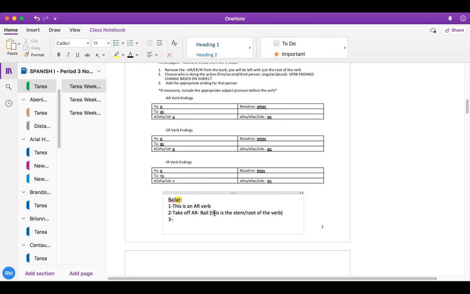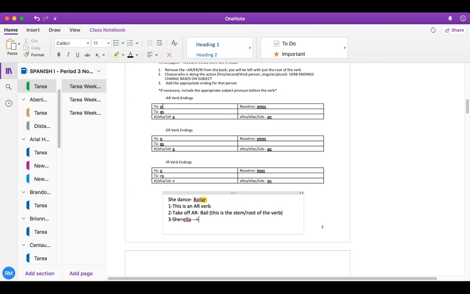Okay, now we're going to figure out who's doing the action. I didn't say this before. Let's say we are going to go with she dances. Okay, bailar means to dance. So she, we have to figure out what subject she is. She is ella. All right, now once we figured out that she is ella, we can go up to our chart up here and figure out what ending goes along with ella.